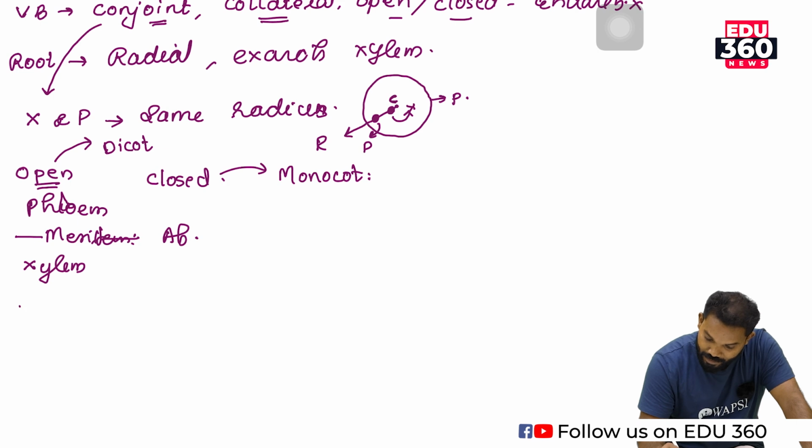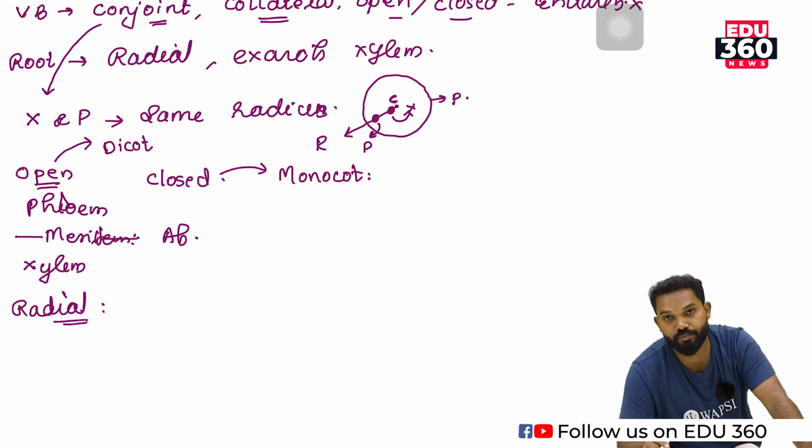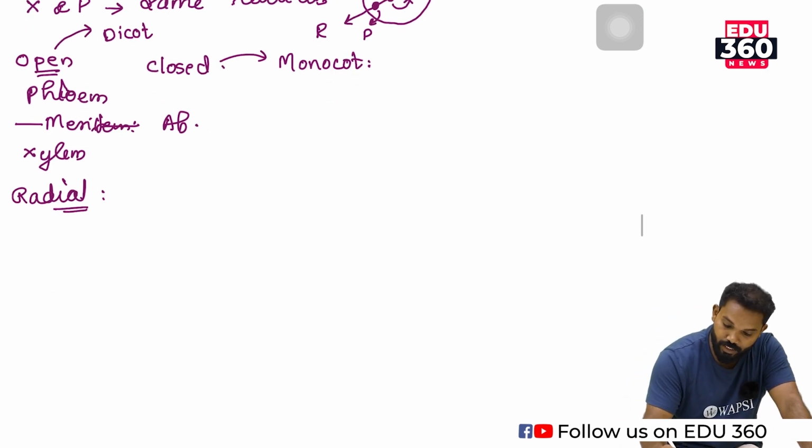The next one is radial. What is meant by radial? It is the unique character of root. Radial means xylem and phloem are arranged in different radii.